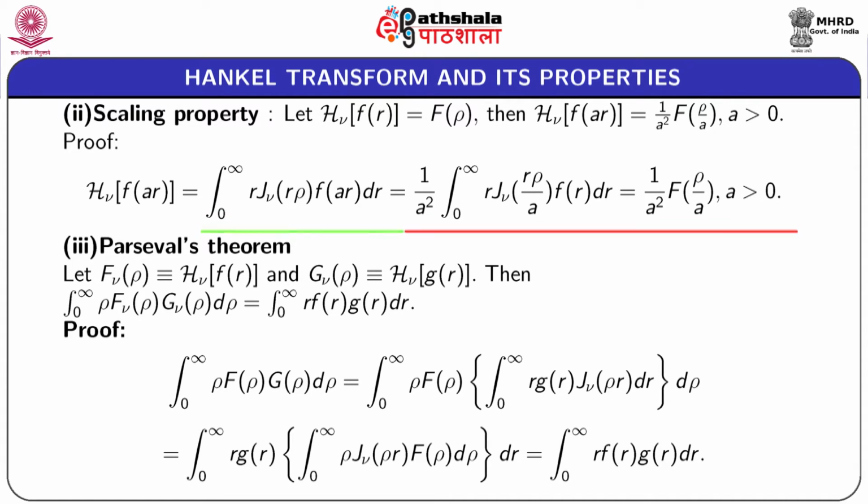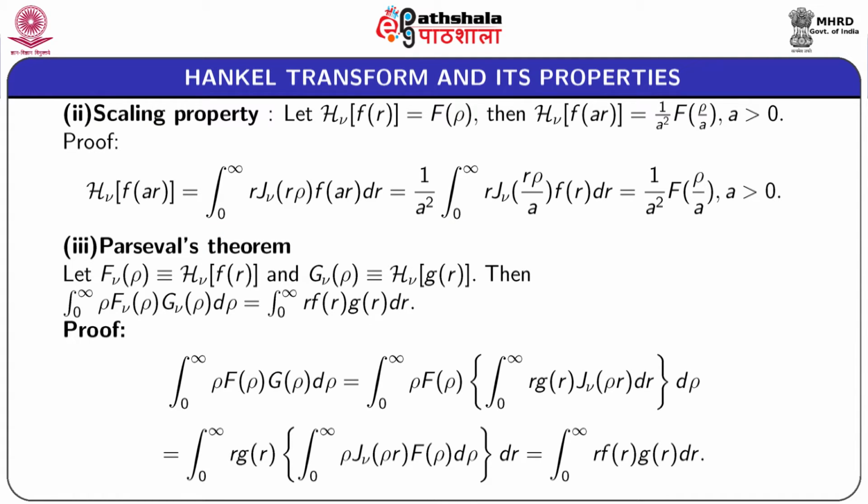If we substitute a r equal to some constant, say r, then this is converted to 1 by a square integral from 0 to infinity r J_nu(rho r by a) f(r) dr, and this is equal to 1 by a square F(rho by a). So, the scaling property is proved.